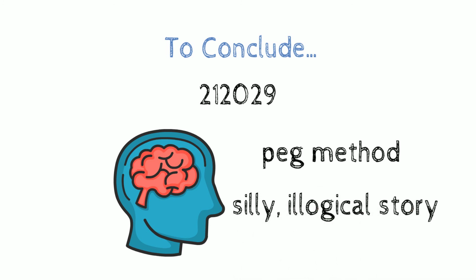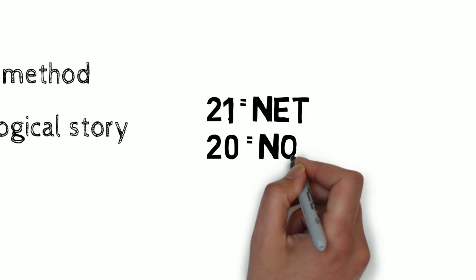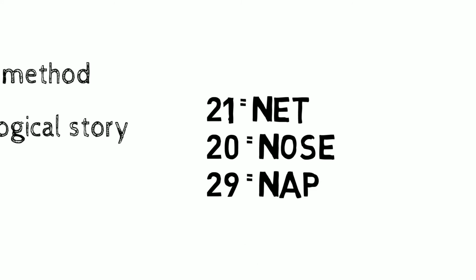But first, we have to break down this number in twos, like this. Take the first 2 digits, which is 21, and we know 21 is represented by a net. We proceed to the next 2 digits, 20, which is represented by a nose. And finally, we go to the last 2 digits, 29, which is represented by nap.